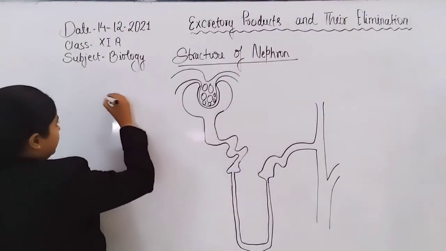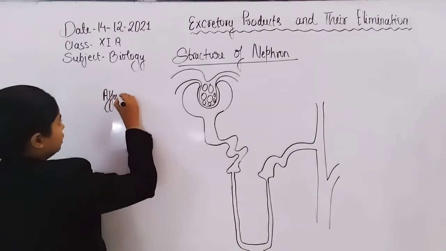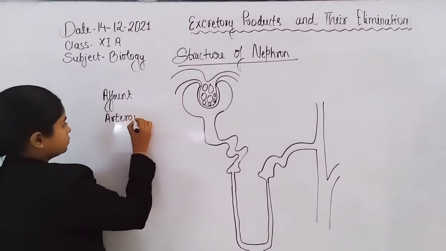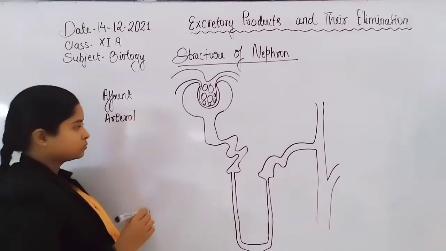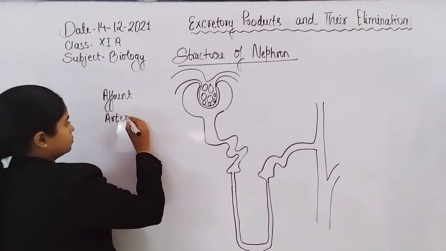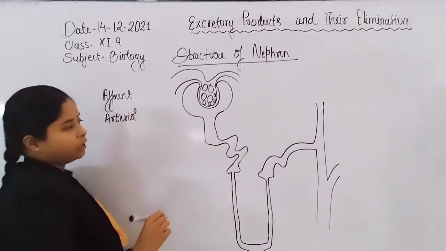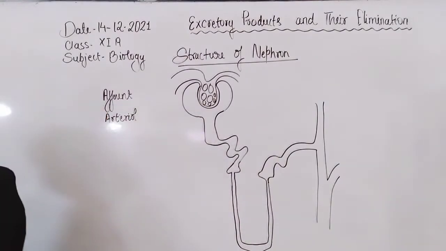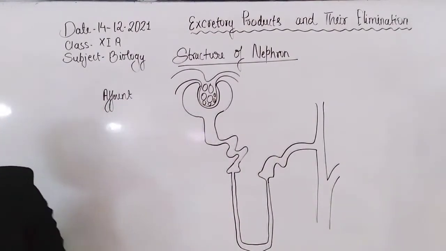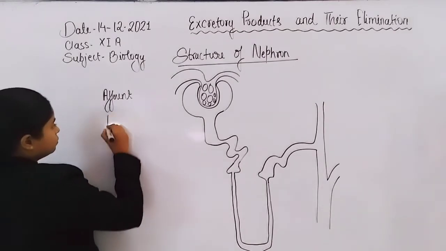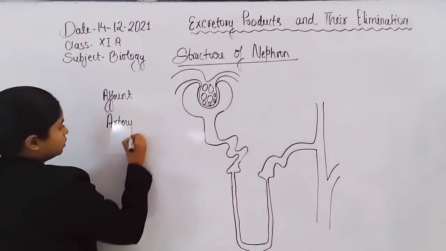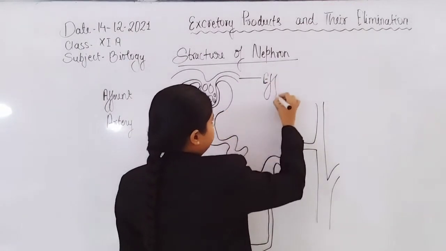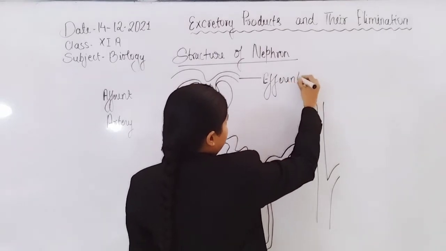Through the afferent arteriole, the blood enters the Glomerulus-Bowman capsule, and here is the efferent artery.